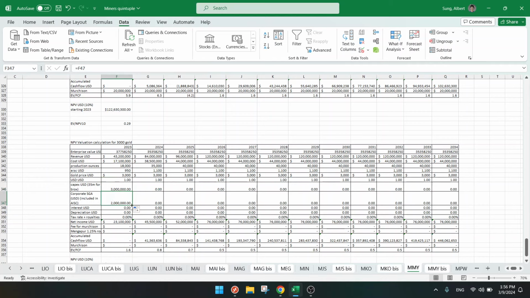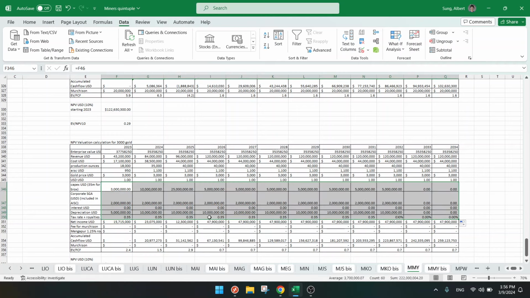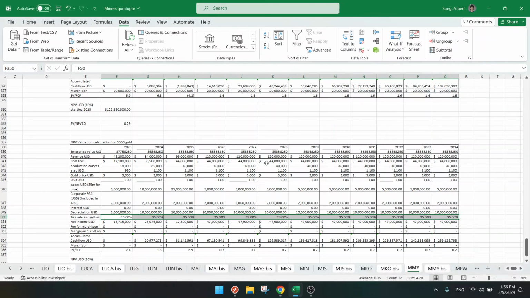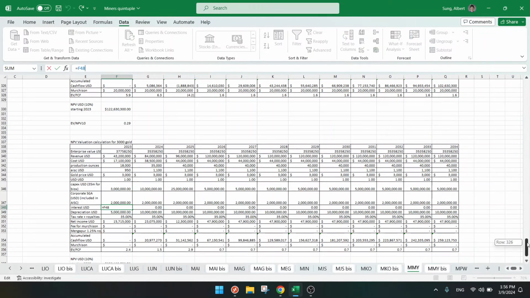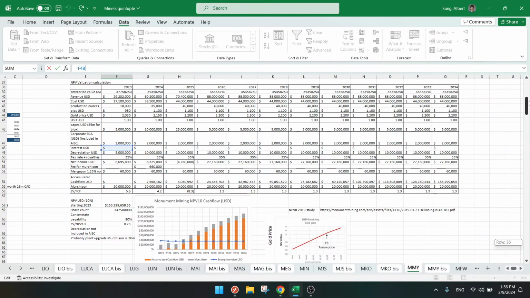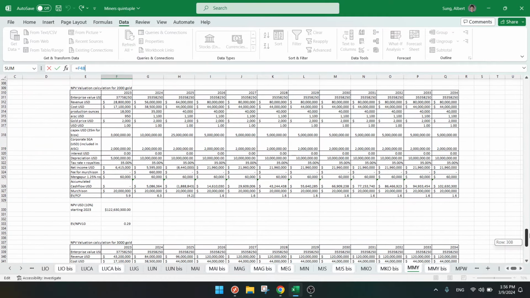I don't think so. So we do need to do some work to get this automated in percentage. Interest. Okay, so why is interest 0? Okay, it's 0.